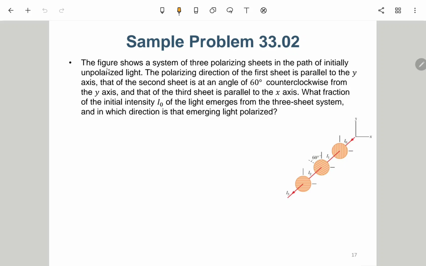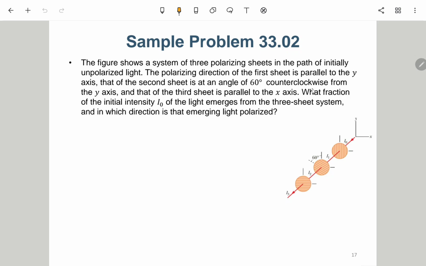The figure shows a system of three polarization filters in the path of initially polarized light. The polarization direction of the first filter is parallel to the y-axis. That of the second filter is at an angle of 60 degrees counterclockwise from the y-axis, and that of the third filter is parallel to the x-axis.